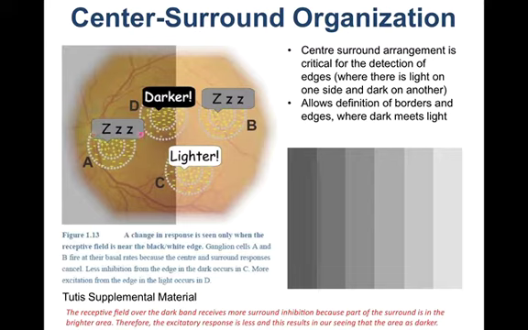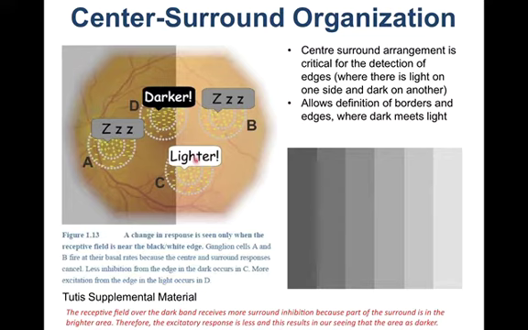So these guys that are sitting in the middle of a Mach band, we can think of them as sleeping, because regardless of whether they're an on-center or an off-center system, they will be equally excited and equally inhibited. So we can think of those guys as sleeping.